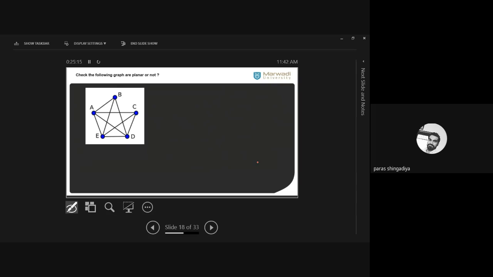Just redraw this graph in such a way that we can remove this crossover, and all the adjacency relations should be the same in the modified graph also. It will be a planar graph.